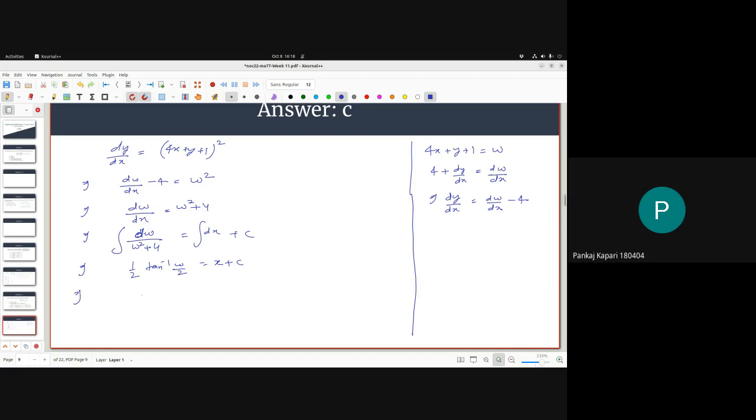This will give us that w is equal to twice of tan of 2x plus c.